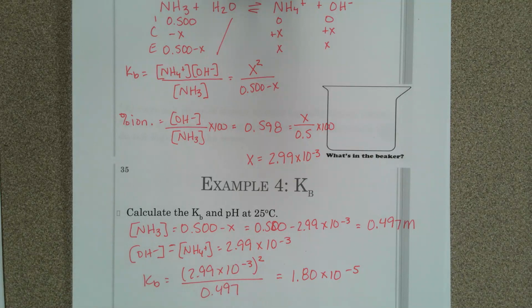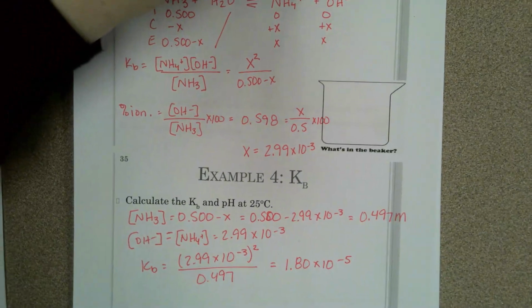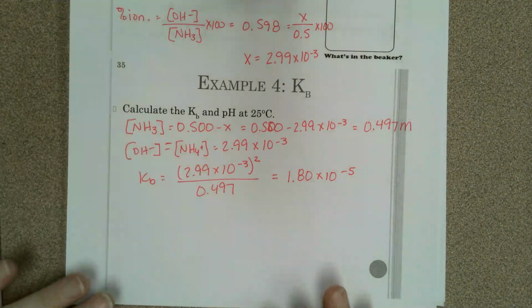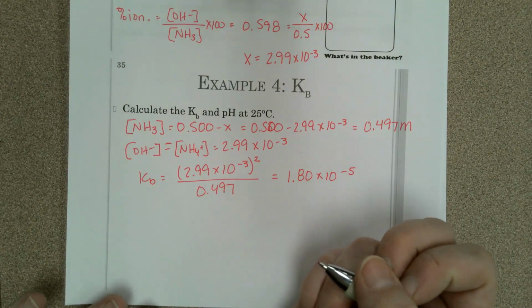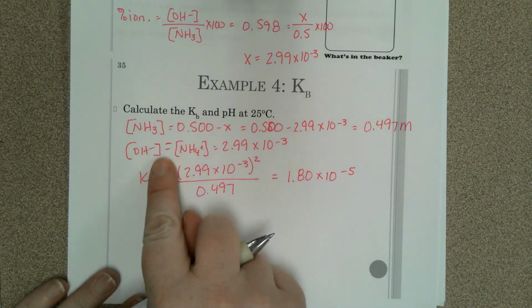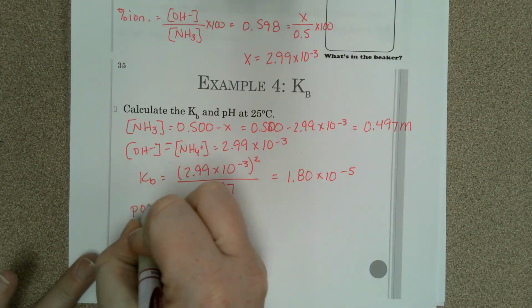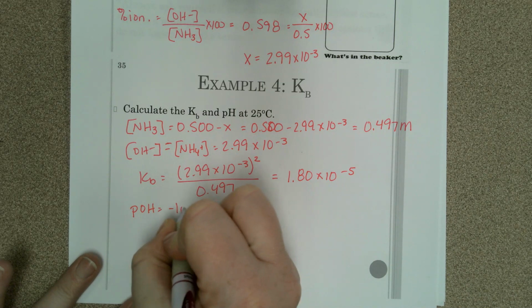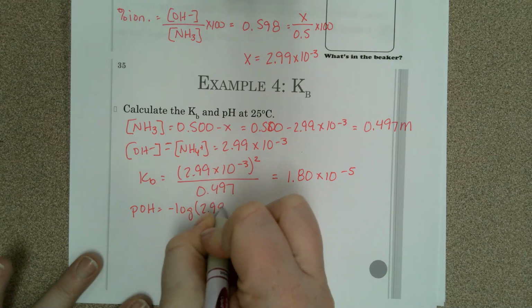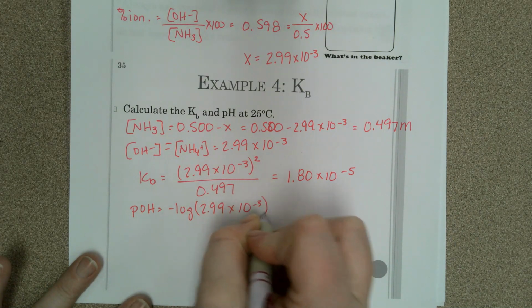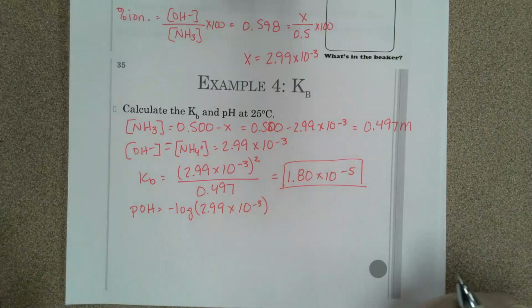All right, and then the next question asks, what is our pH at equilibrium? Okay, so we're looking for pH as well. Since we have our hydroxide concentration, we can find our pOH pretty easily. So that's negative log 2.99 times 10 to the negative 3. I'm going to box this.